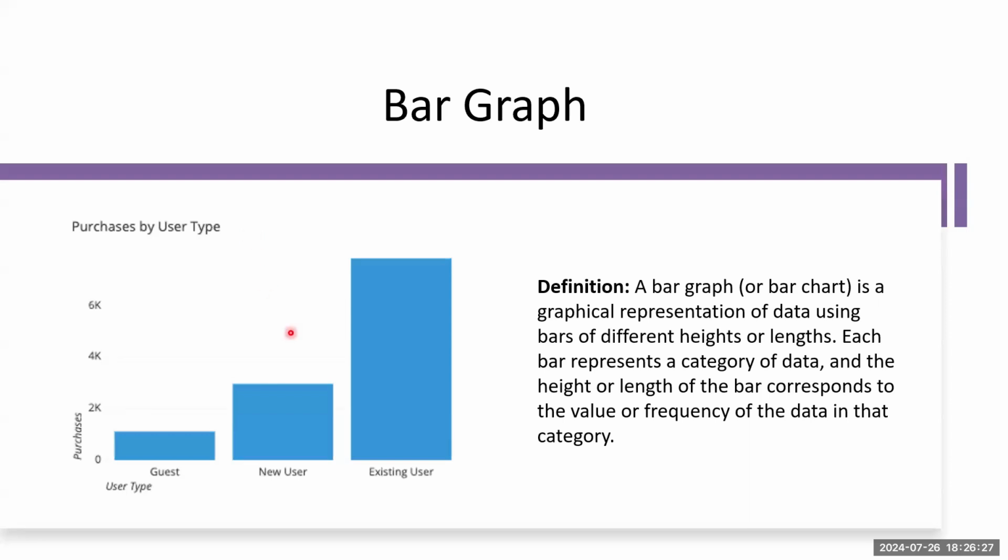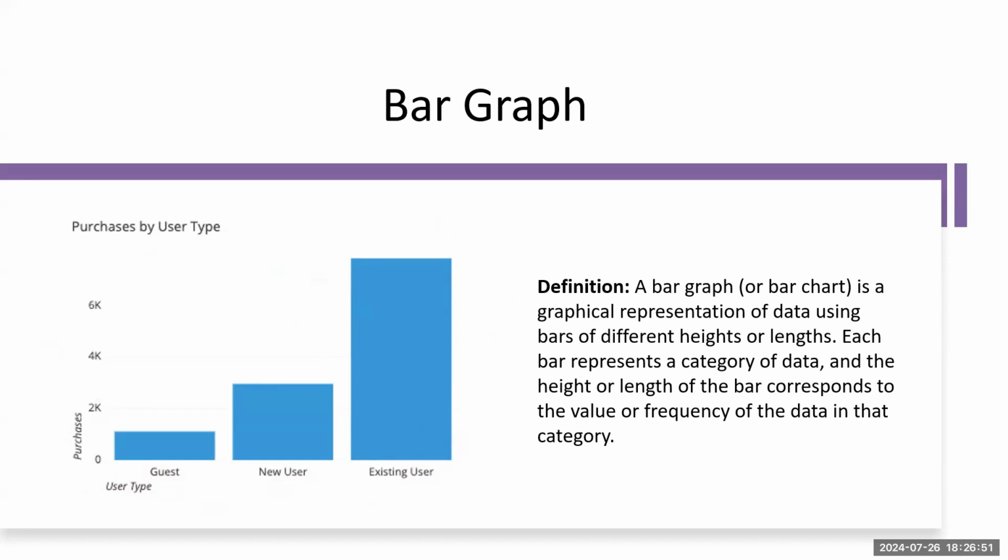Let's say we have a website or a store and we have three distinct user types. We have guests, we have new users, and we have existing users. And we want to know out of these three, what is their purchasing power? Which one purchases the most?